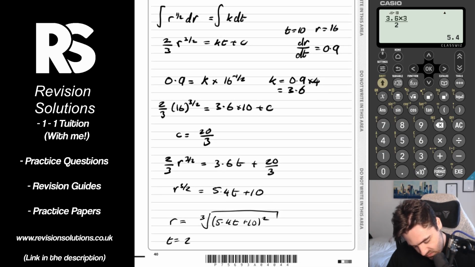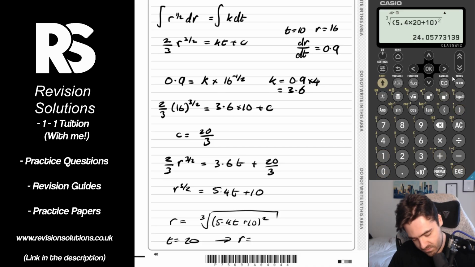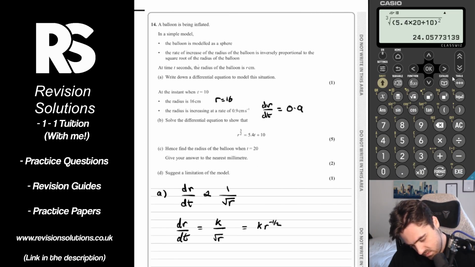So at t equals 20, we get r equal to, plugging that in, the cube root of 5.4 times 20 plus 10 all squared. That gives us 24.05... We need to round that to the nearest millimeter. Well, what's r measured in?